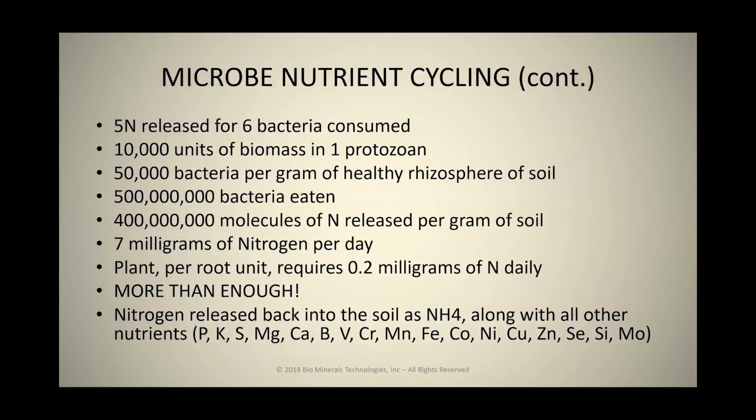So if we did some microbial math a little bit further, if we just look at the bacteria being consumed by the protozoa, for every 5 nitrogen released, for every 6 bacteria consumed by protozoa, 10,000 units of biomass in protozoan.